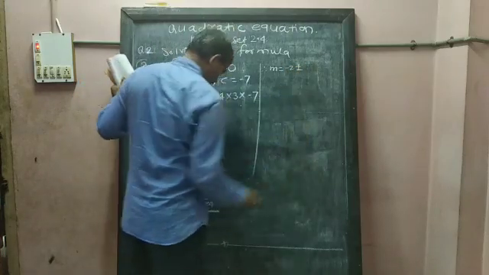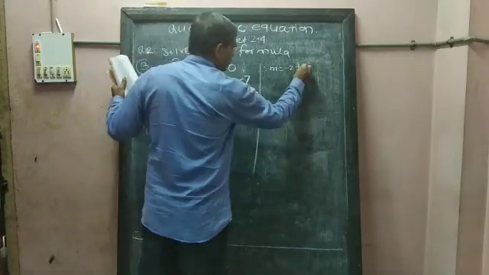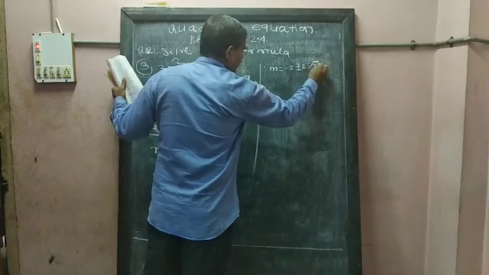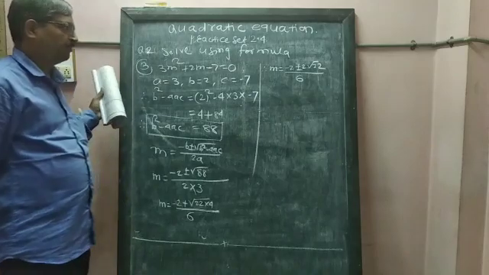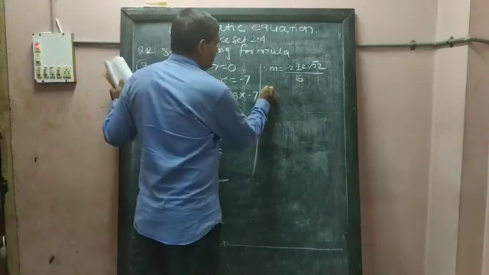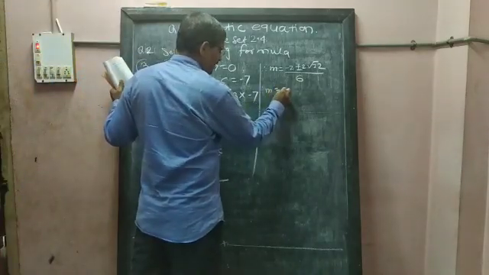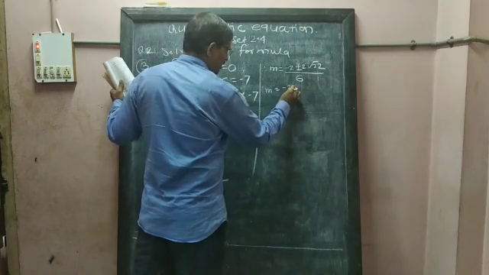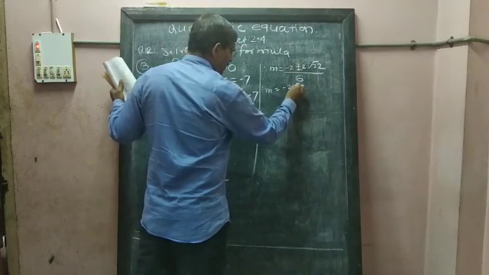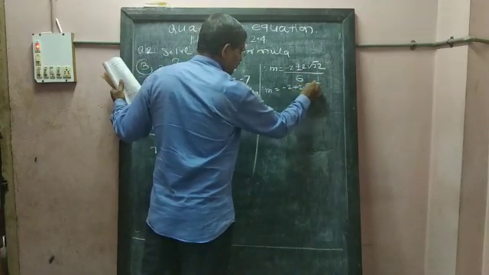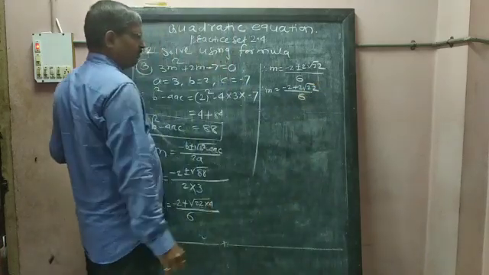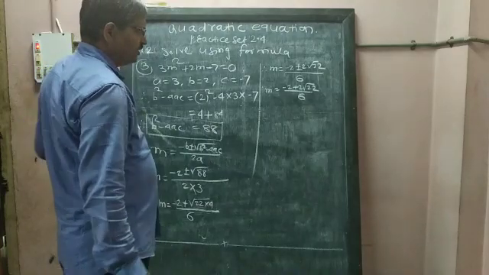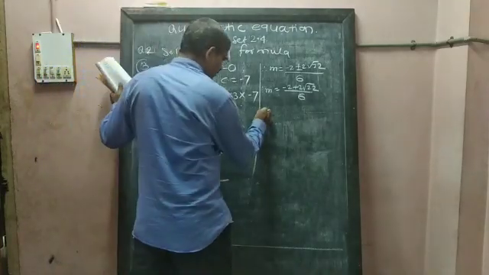Minus 2 plus square root of 4 is 2 under root 22 upon 2 3s are 6. Now m is equal to minus 2 plus 2 under root 22 upon 6. So what will happen?